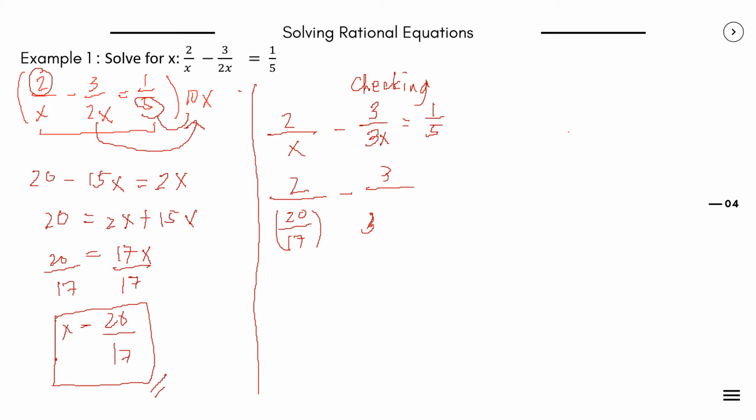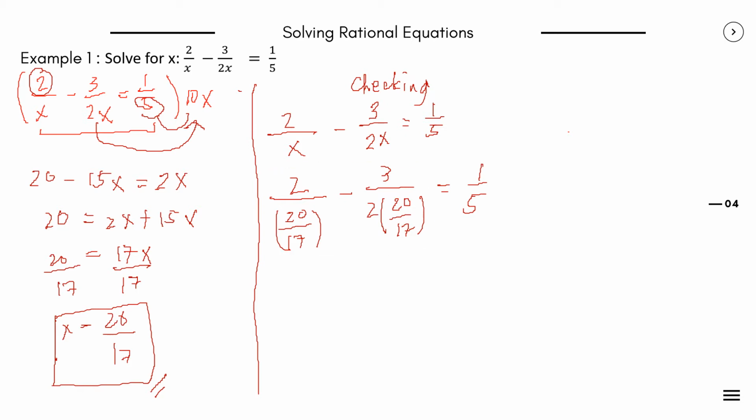Ay, hindi, that should be 2, hindi 3. So, that is equals to 1/5. Dito, we have to simplify the whole equation, para makita nga natin if this side is equivalent to 1/5.